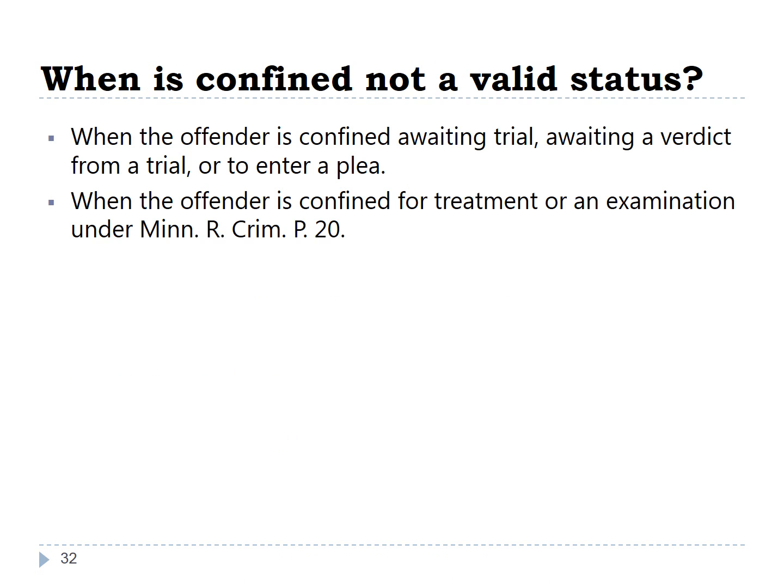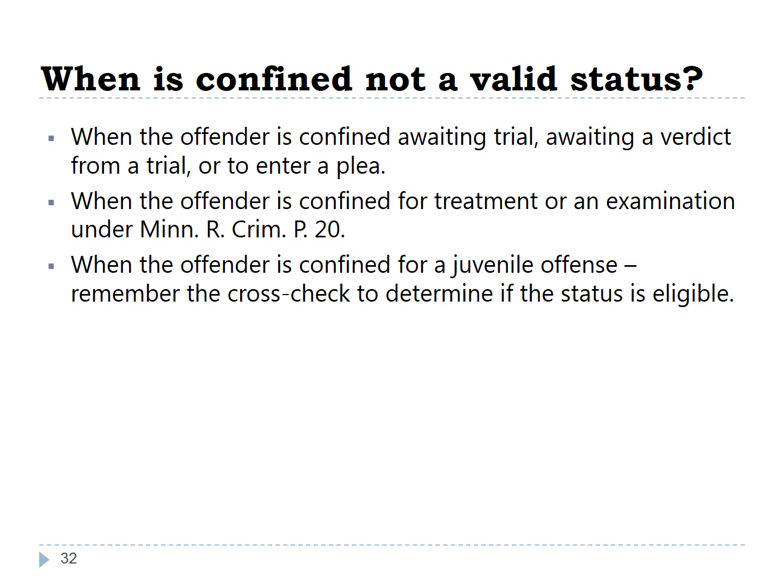So as we said on the previous slide, all eligible custody status types have that one important thing in common. They're only eligible if there's been a guilty plea, a guilty verdict, a conviction, or an imposed sentence. So that means an offender confined awaiting trial or awaiting to enter a plea is not eligible for a custody status as confined.